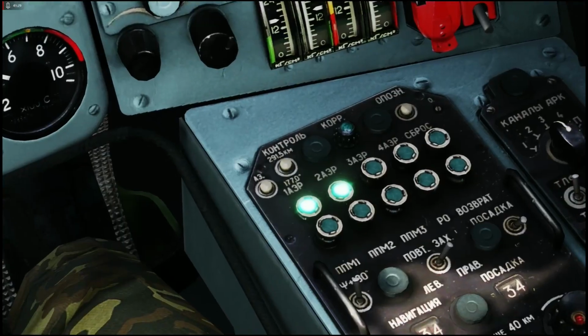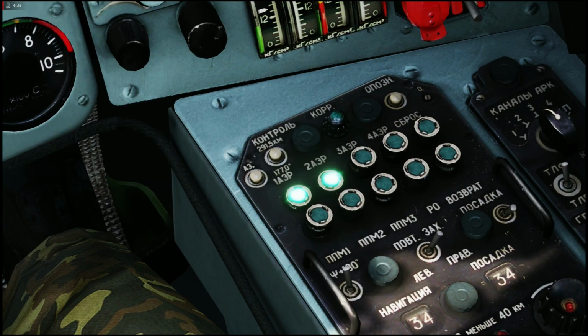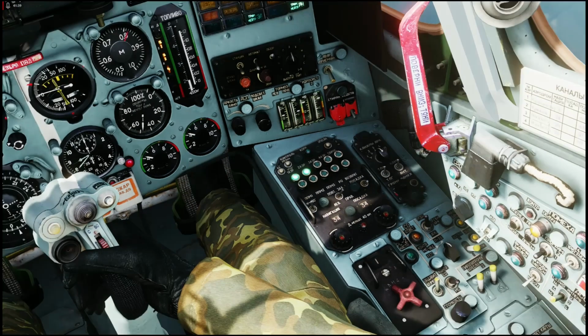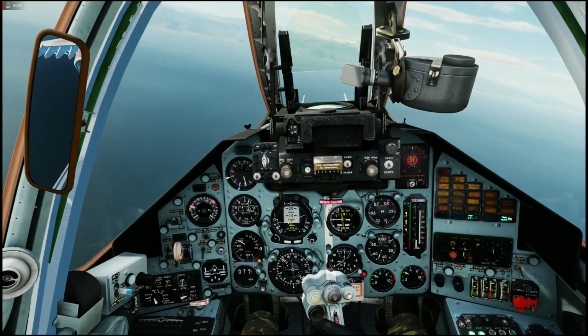Now, on the navigation panel, only the airfield lights are lit. That means you are now in landing mode. The navigation system is now preparing you or guiding you in for a landing.